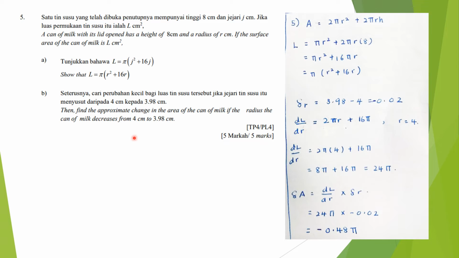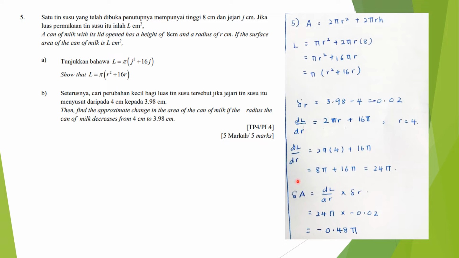So it changes from 4. That means we substitute r equals to 4. So 2 pi times with 4 plus 16 pi. So we simplify 2 times 4 is 8. So 8 pi plus 16 pi equals to 24 pi. So this is dL over dr.